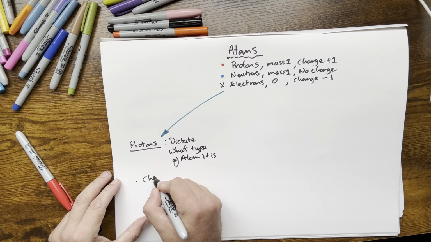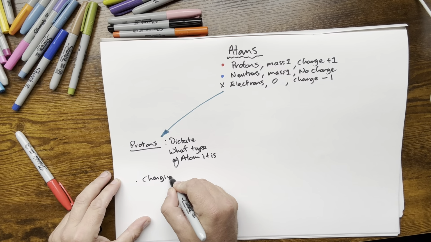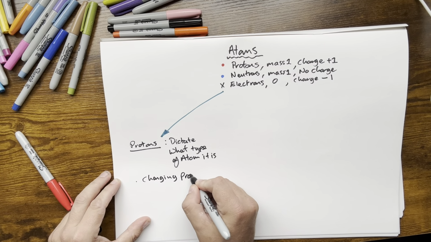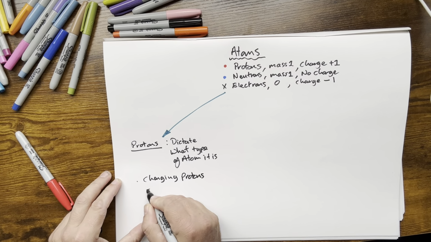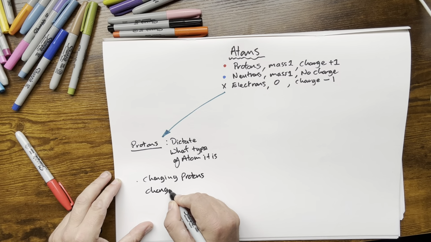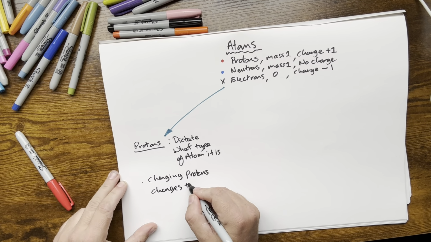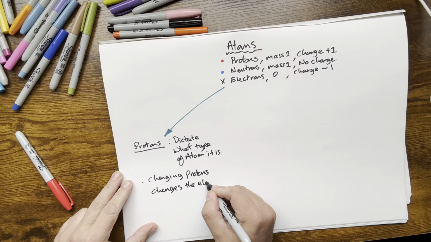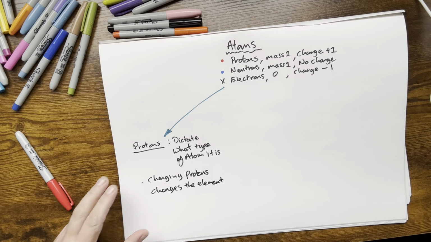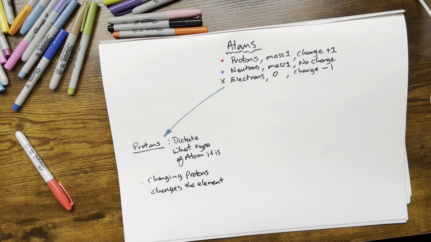So changing protons changes the element. That's why as the atomic number changes, the element changes. It's the number of protons that dictates what that element is. So messing about with the number of protons will change what the element is.